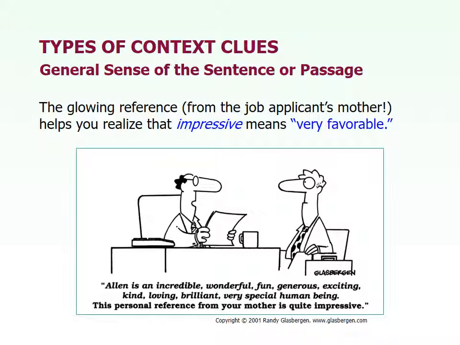Now I want to close here by saying this about these 4 types of clues. When you're learning a language, especially early on, a lot of times there'll be more words in a sentence that you don't understand than words that you do understand. I can understand that trying to guess the meaning of a new word can be very difficult when it's not just one word you don't understand, but many words in the sentence.